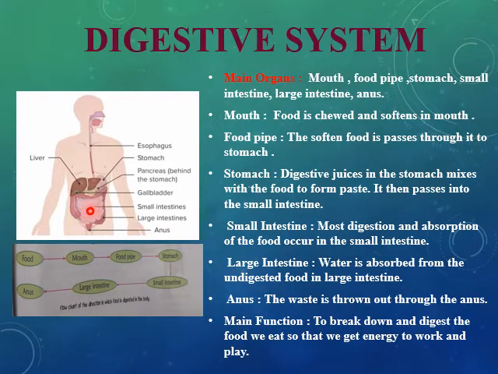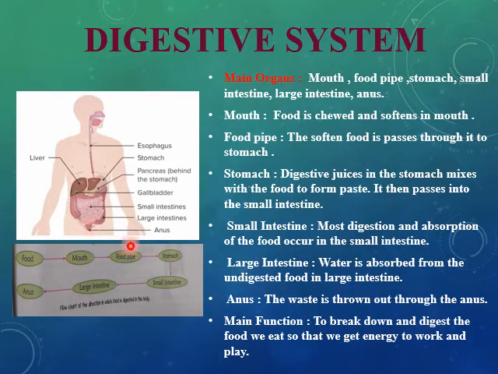So whatever nutrients from the food our body needs are absorbed by the blood in the small intestine, and then the undigested food is passed from the small intestine to the large intestine. In the large intestine, only the water is absorbed from the undigested food, and the rest of the undigested food is then passed to the anus.